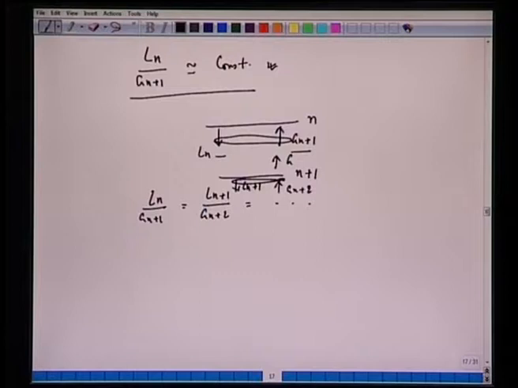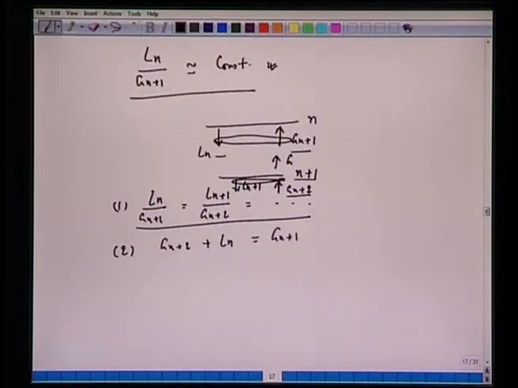In other words, we have these conditions here. Number 1, the ratio of liquid and vapor is constant. Number 2, if you look at any plate, say plate N plus 1, the molar flow rate of vapor is Gn plus 2 and the liquid which arrives here is Ln, which is the same as the molar flow rate of the leaving streams, Gn plus 1 plus Ln plus 1.